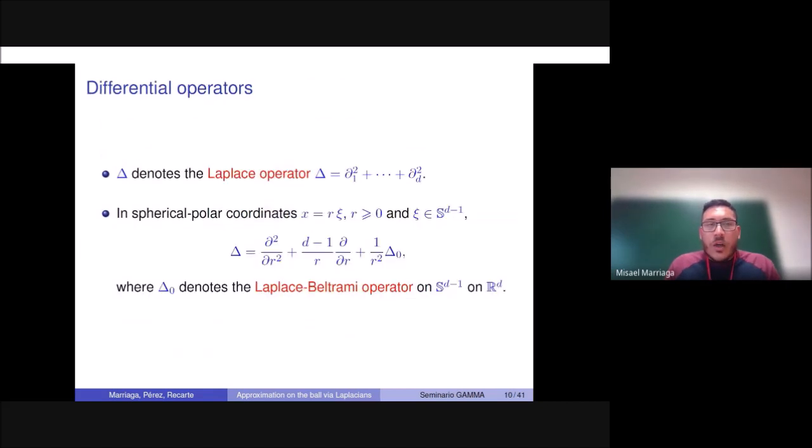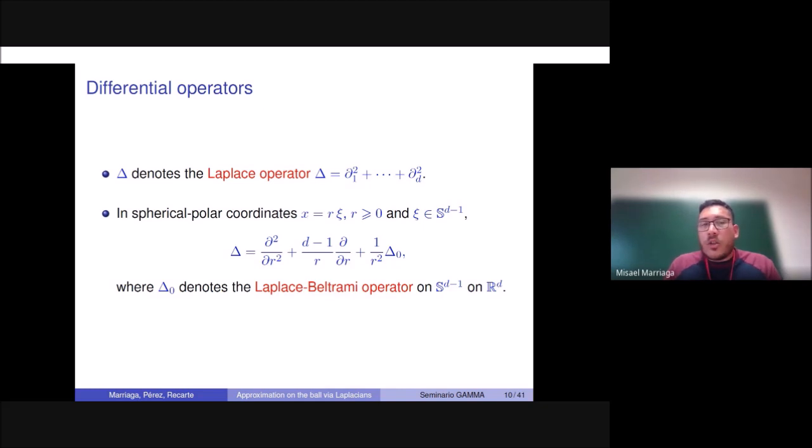In order to establish some notation, I'm going to mention some of the differential operators and other families of polynomials that are going to appear in this work. First of all, delta denotes the usual Laplace operator, which has this expression in Cartesian coordinates.